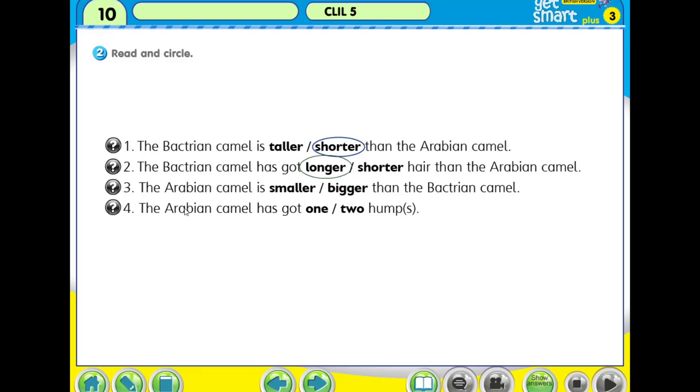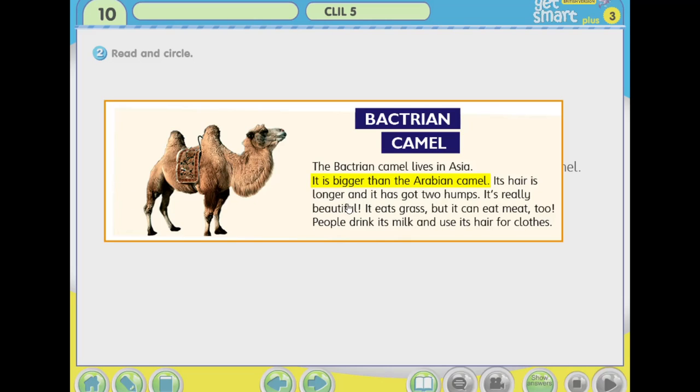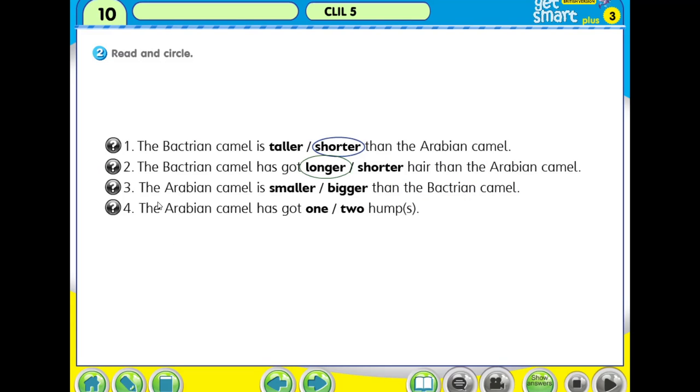Number 3, the Arabian camel is smaller or bigger than the Bactrian camel. We look at the hints. It says that the Bactrian camel is bigger than the Arabian camel. The Arabian camel, is it bigger or smaller?